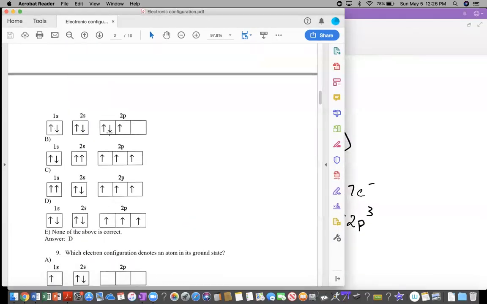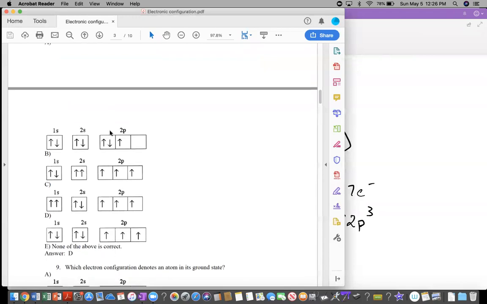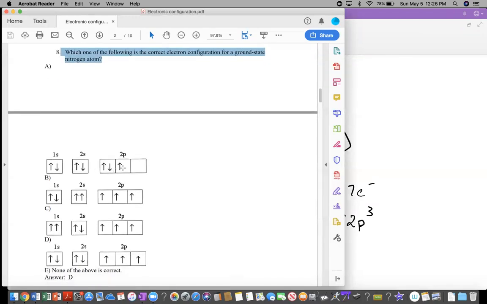1s2, 2s2, 2p3. What is wrong with option A? They're not spread out. This electron pointing down should have been sitting here in the third box. What's wrong with B? With B, this 2s isn't going up and down like the 1s is, so that's not possible.